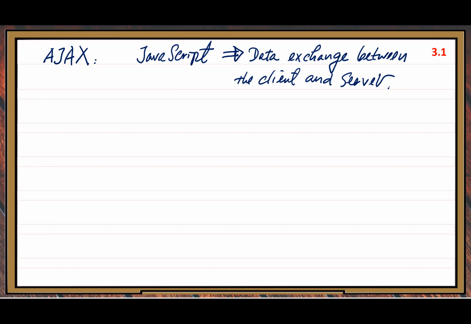Because from this description, you cannot see its biggest advantage. So its biggest advantage, let me write that. Or key property.